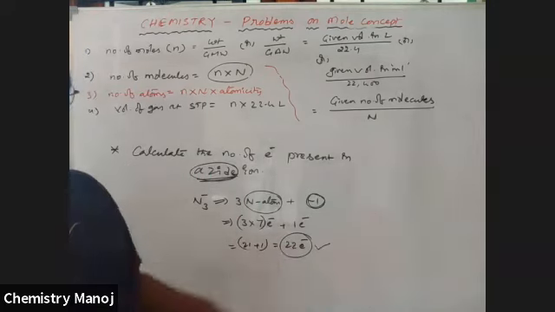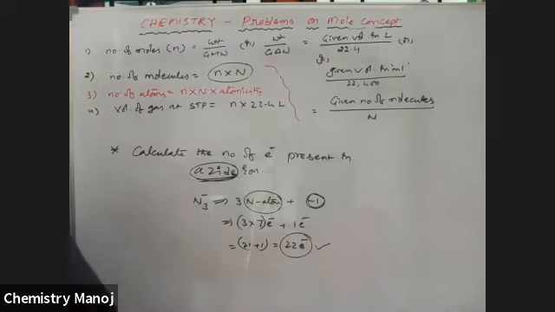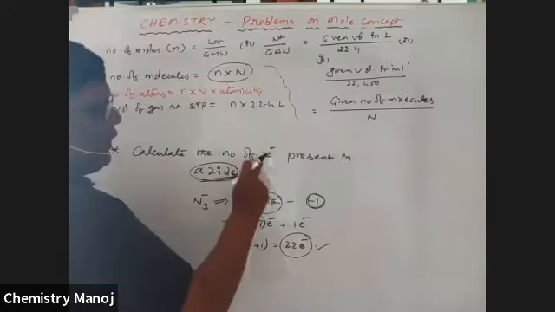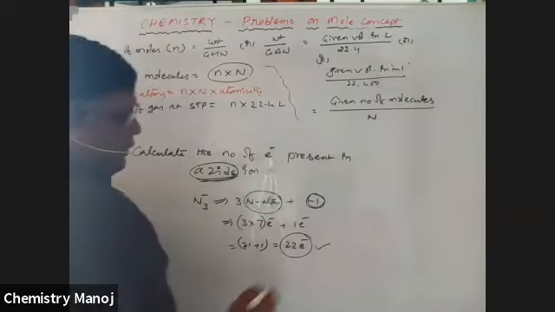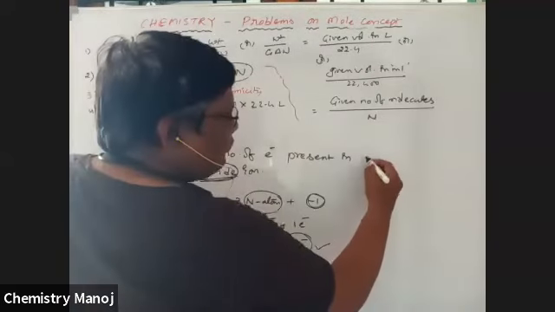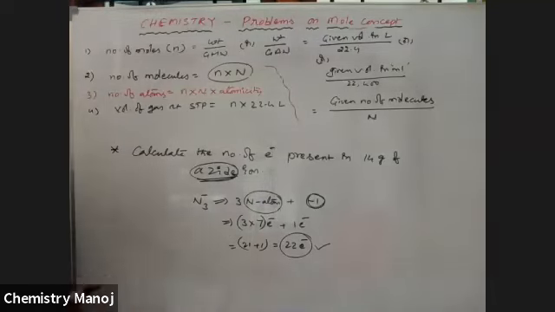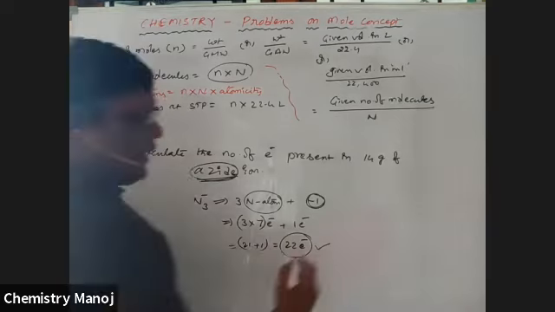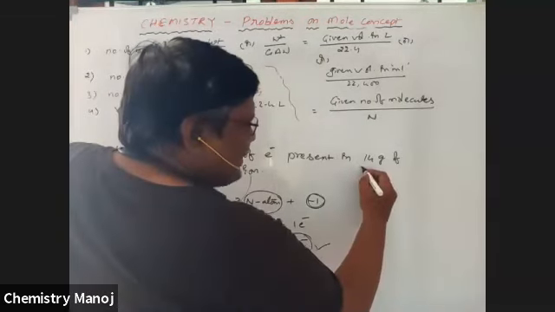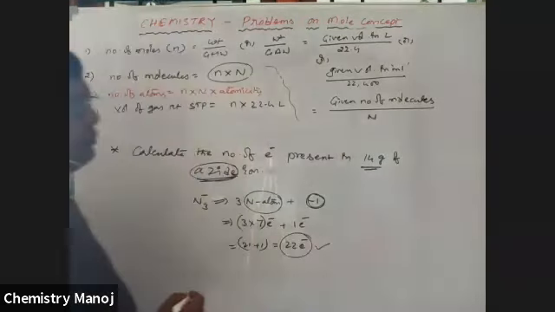Now, I want to calculate how many electrons are present in 14 grams of azide ion. First calculate how many azide ions are present in 14 grams.